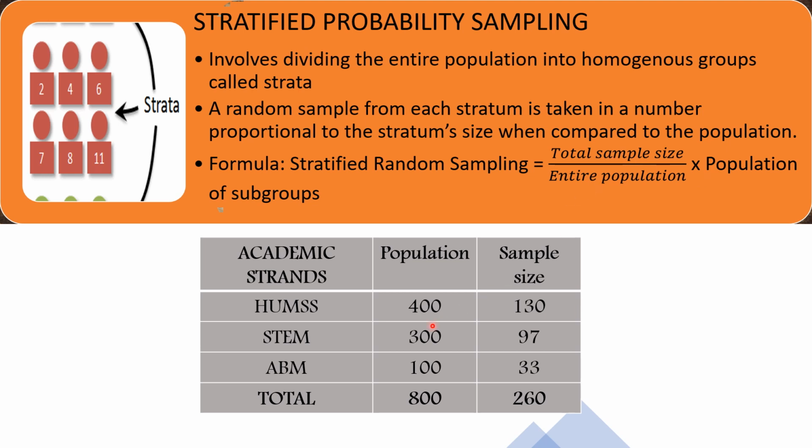So, for example, total sample size of 260 divided by 800 times 400, you will get a sample of 130 participants from UMS. In STEM, you will get only 97 participants, and in ABM, you will get only 33 participants. And these numbers are proportional to each stratum size.